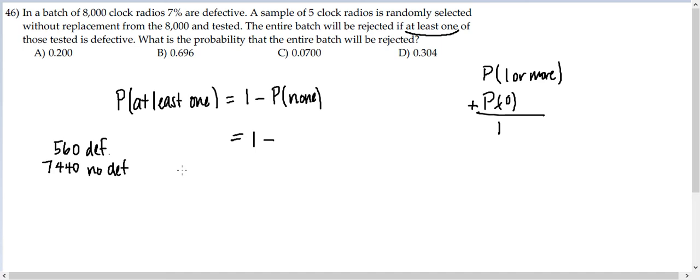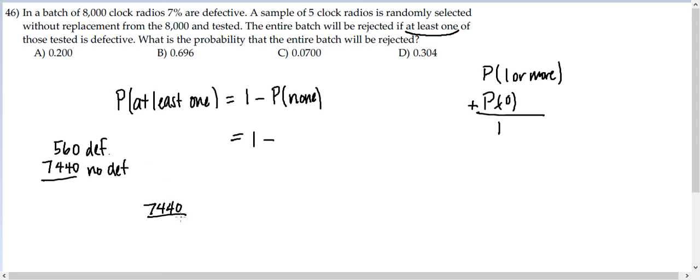Alright, so we're going to take a sample of 5, and we want to find the probability that none will be defective. Alright, so we're going to take from this batch of this 7,440, and we're going to expect to have one good, let me restate this.